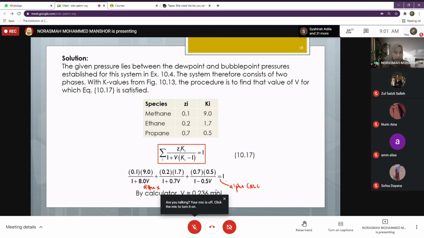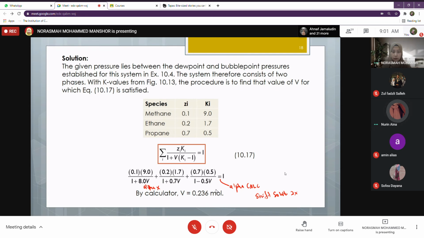Alpha calculate sama dengan 1, you kena tekan 1 juga. After that, you tekan shift solve. You tekan 2 kali. Okay tak?